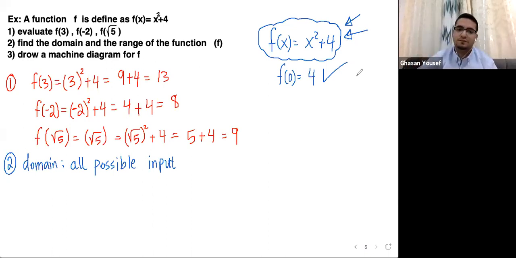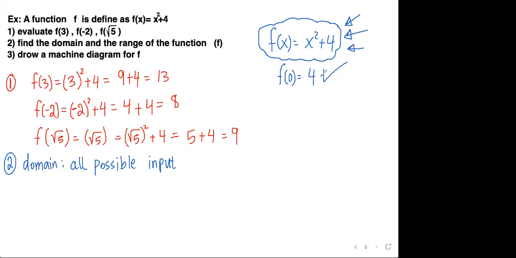Who said yes? Can I see in the chat box who said yes? Can I plug negatives inside this one? Yes. Who else said yes?